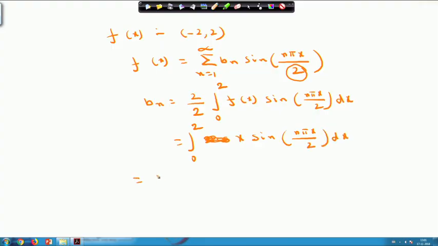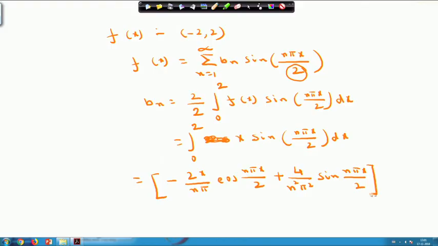If I integrate it, I am just writing at a glance: minus 2x by n pi into cos(n pi x by 2) plus 4 by n square pi square into sin(n pi x by 2), where the limit will be from 0 to 2.